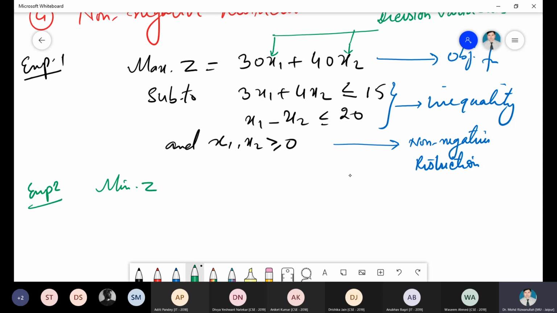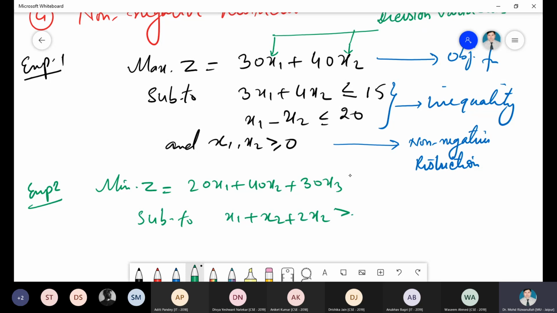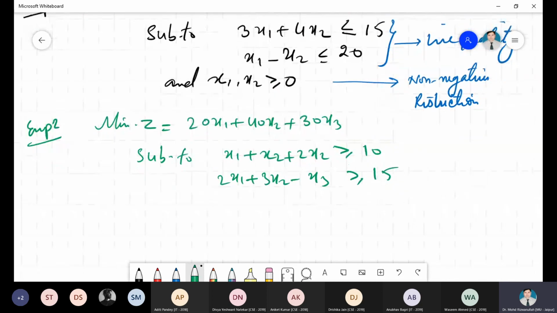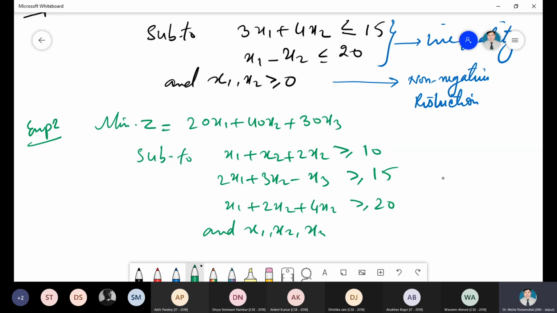Minimize z equal to 20x1 plus 40x2 plus 30x3, subject to x1 plus x2 plus 2x3 greater than or equal to 10, 2x1 plus 3x2 minus x3 greater than or equal to 15, and x1 plus 2x2 plus 4x3 greater than or equal to 20, and x1, x2 and x3 are greater than or equal to 0.